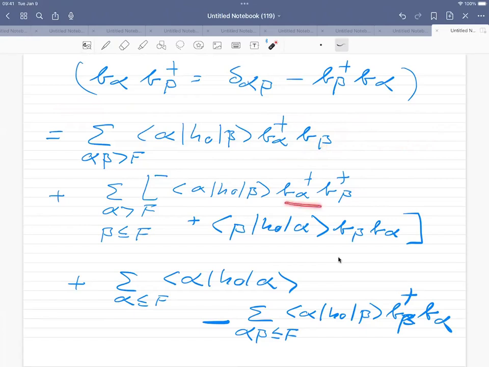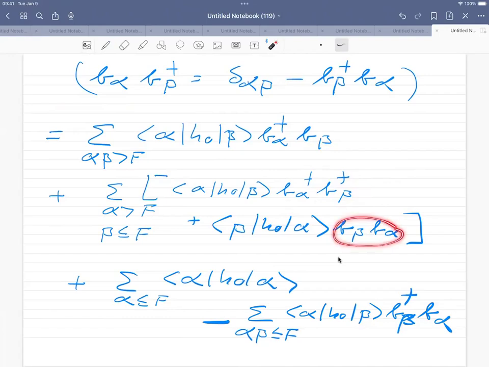Here, on the other hand, we are trying to create a state. So we would be creating a state in quantum numbers alpha, but then when we calculate the expectation value with a vacuum state, here we will have destroyed a state below the Fermi level, but then we create one with alpha here above the Fermi level. So that means that we are going to get another contribution, which is going to be 0.